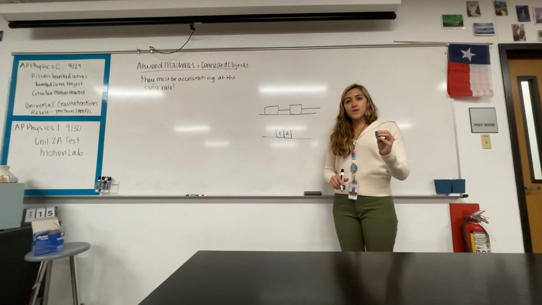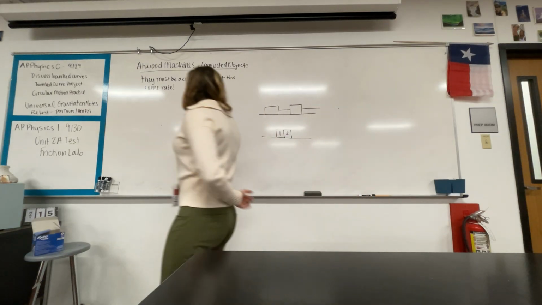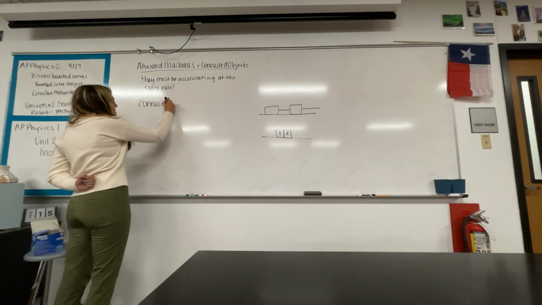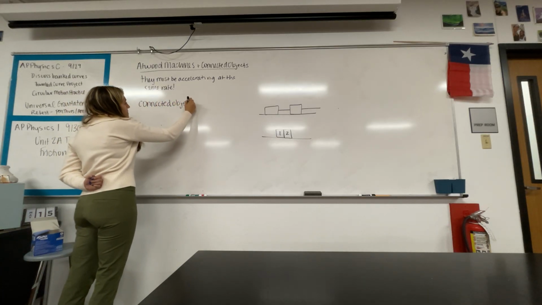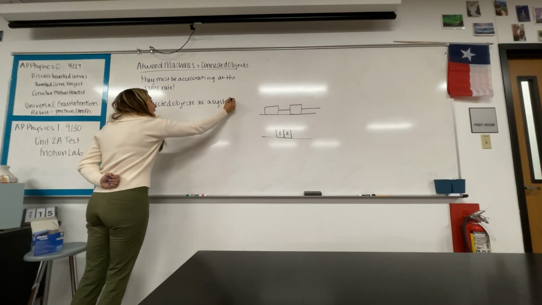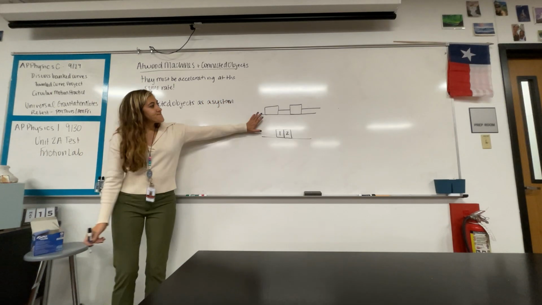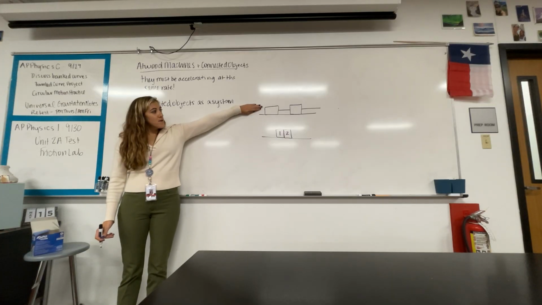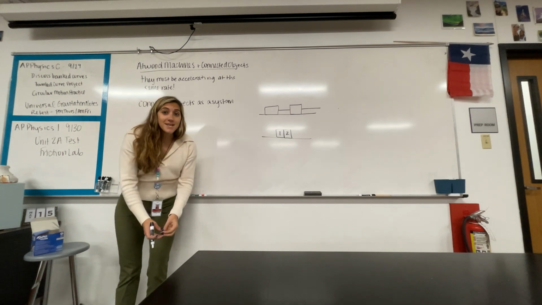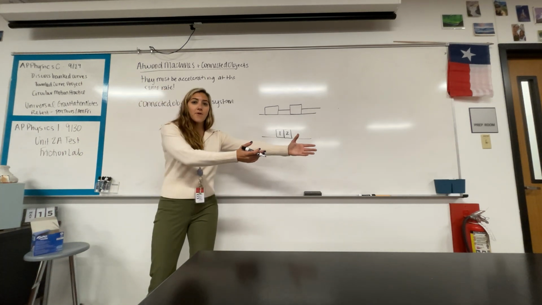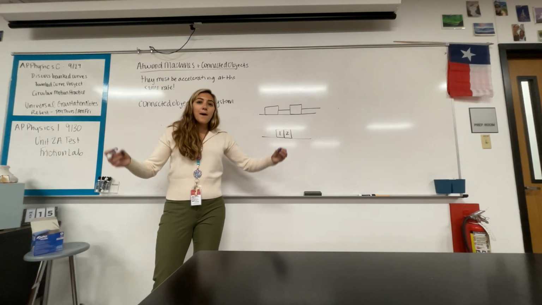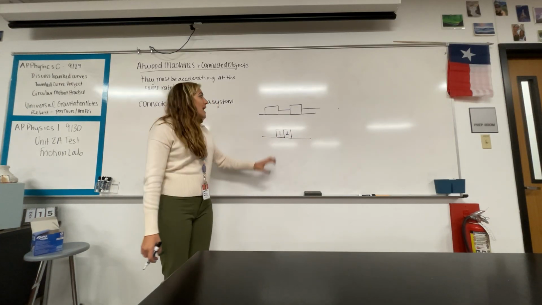The second thing we're going to start talking about is this idea of connected objects as a system. Since everything that's touching each other, these two objects or these two objects are connected and have to be accelerating at the same rate, either 0 or some other acceleration, that means that they're acting as a system.